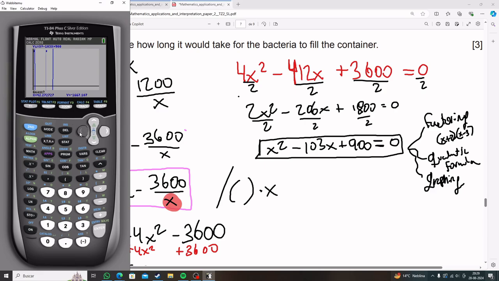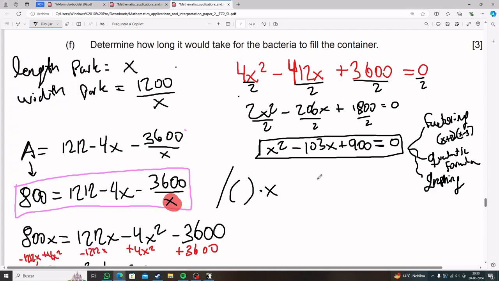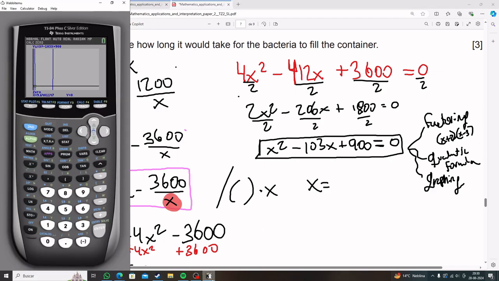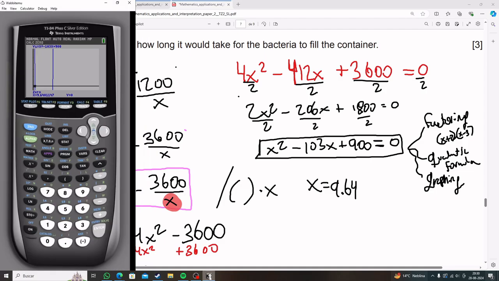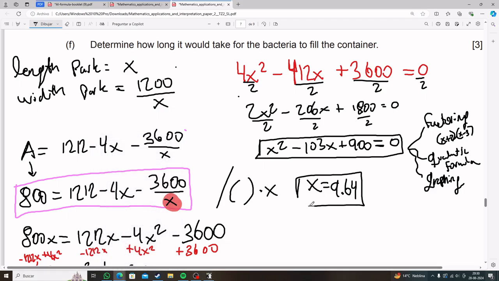And the guess, it's not because your calculator is dumb, it's because in case your bounds had more than one x-intercept, this guess would allow you to choose which. Okay, but I'm going to press enter around here, and x equals 9.64. With significant figures, we can just leave it as 9.64, honestly. So this is one of the x values that I'm getting.